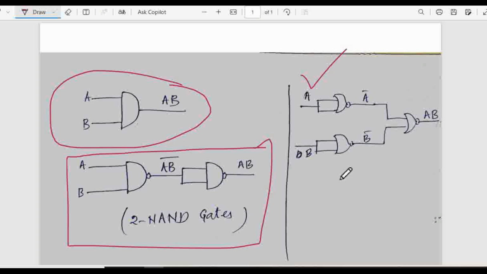So in this case 3 NOR gates, in this case 2 NAND gates. So that's why, because of the nature of both gates to construct any logic gate, this nature is known as the universality of these two gates. That's why they are universal gates.